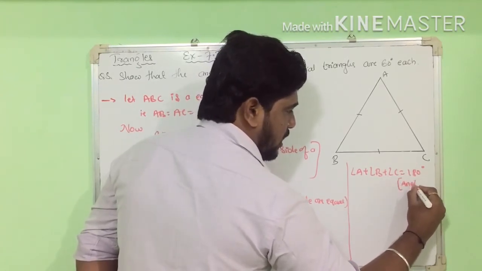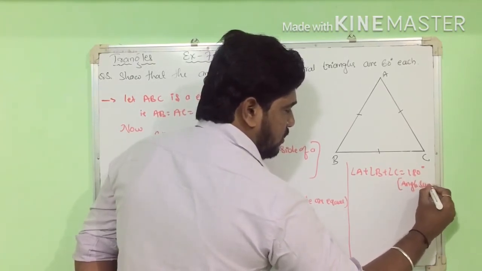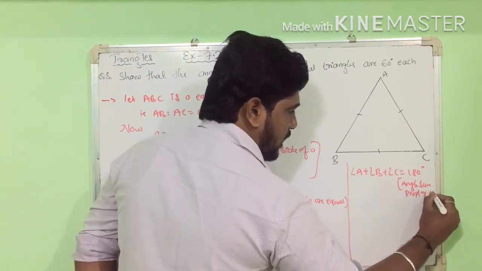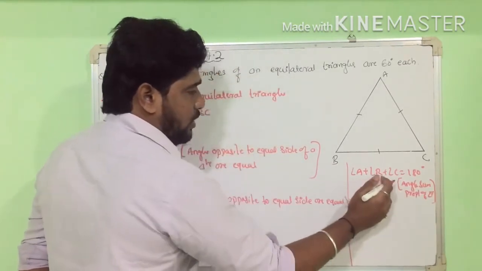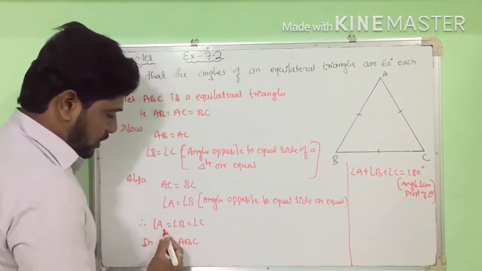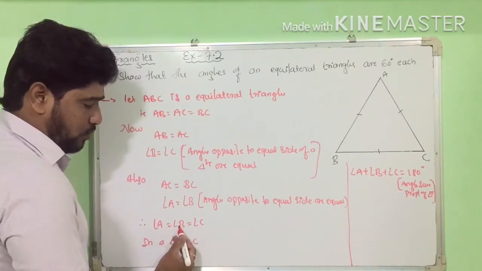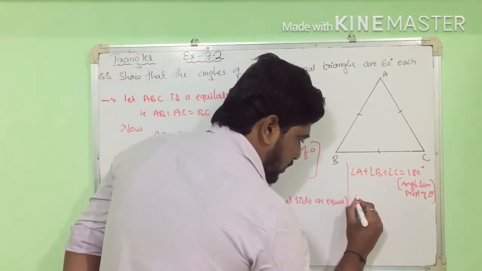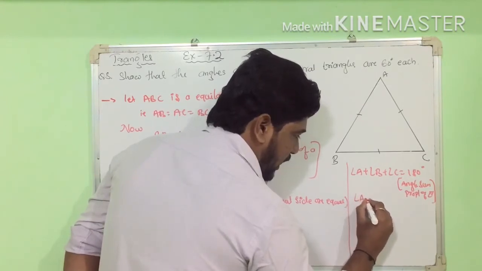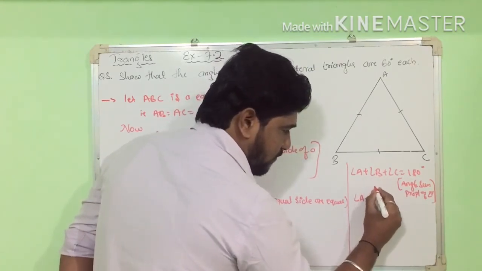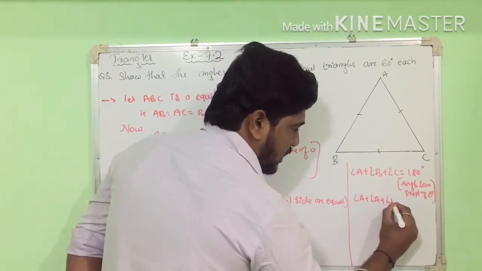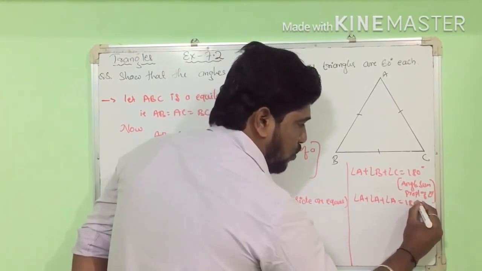Reason: angle sum property of a triangle, right? So already we know that these three angles are equal. So instead of angle B we can write angle A, plus instead of angle C we can write angle A. This is equal to 180.